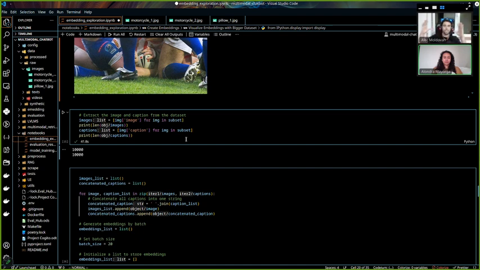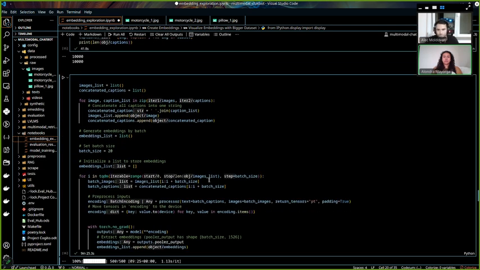I took out 10,000, so I would have a length of 10,000 list of lists, and inside each element were those five strings. But it doesn't like that. It wants a list of strings instead. So I concatenated those little captions together with a space in between the five, and then put them together as a list of strings.